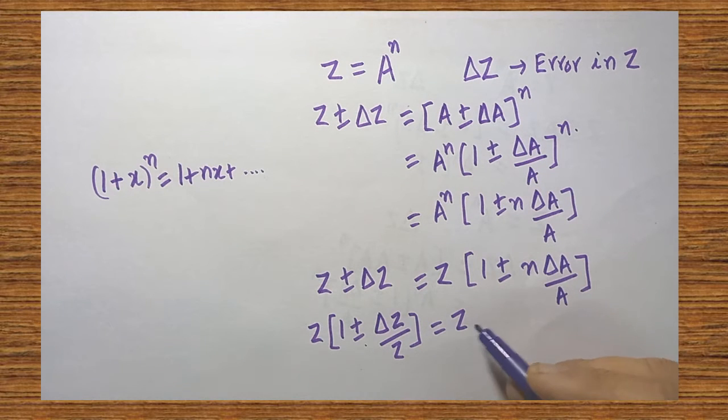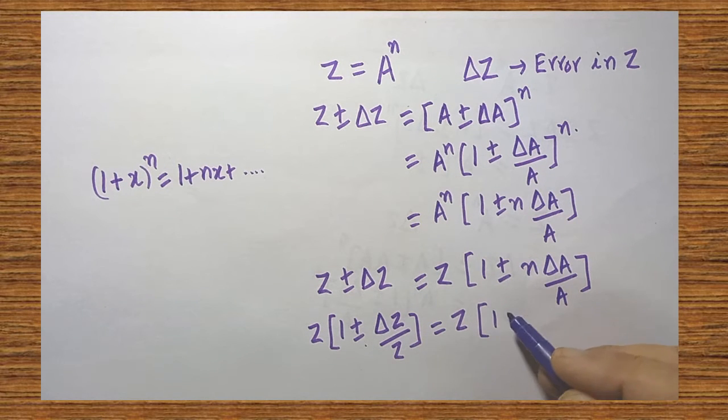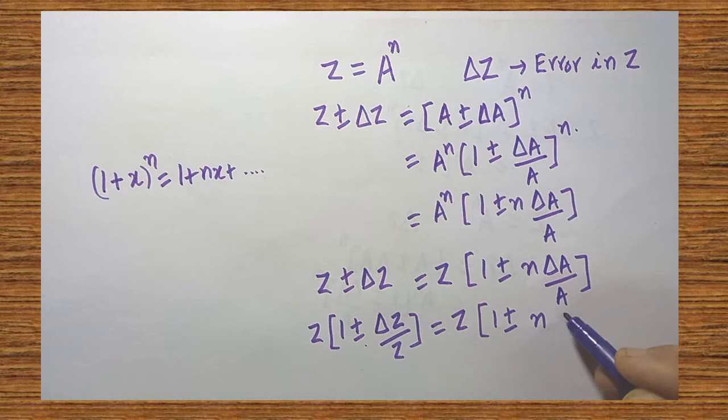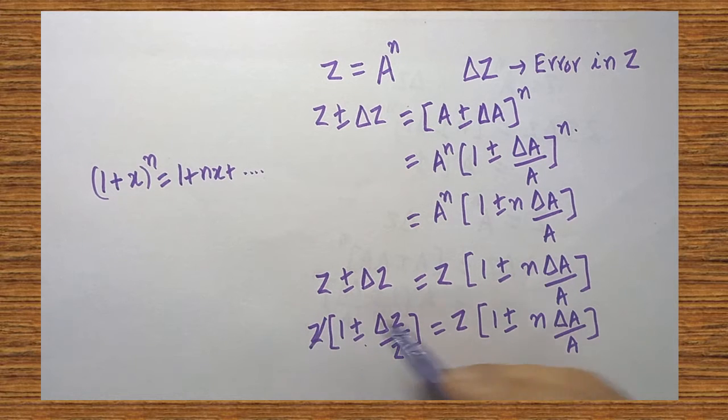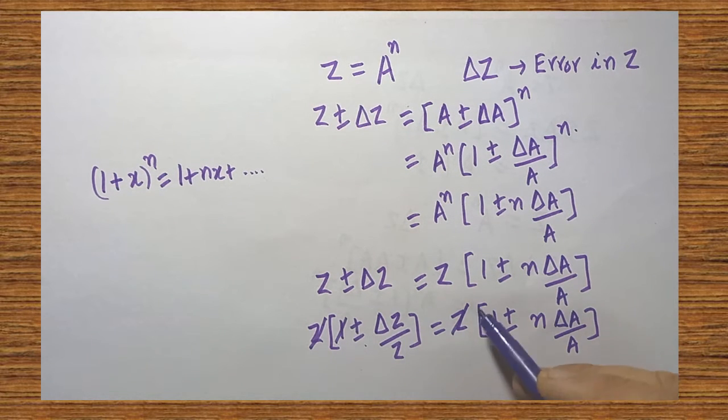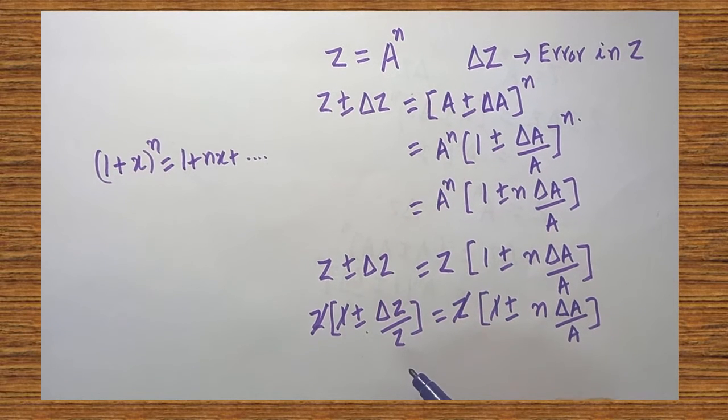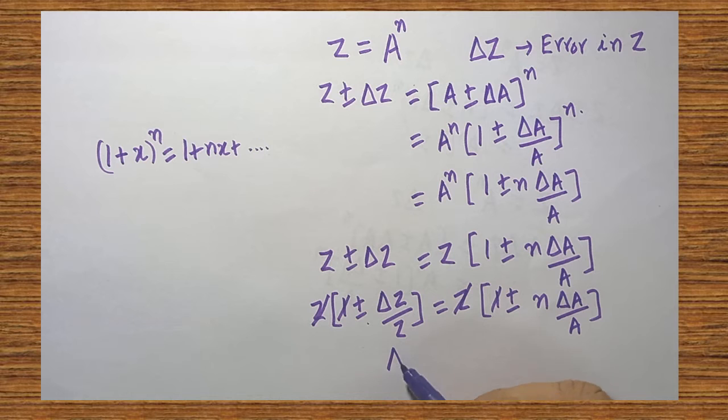So what is the remaining thing? Z into 1 plus or minus n into del a divided by a is the remaining thing. Z can be cancelled. After that, this 1 can be cancelled. After cancellation, the remaining thing will be del z divided by z.